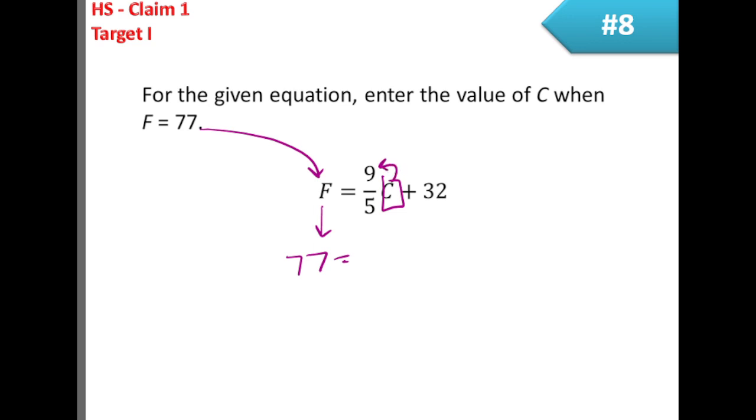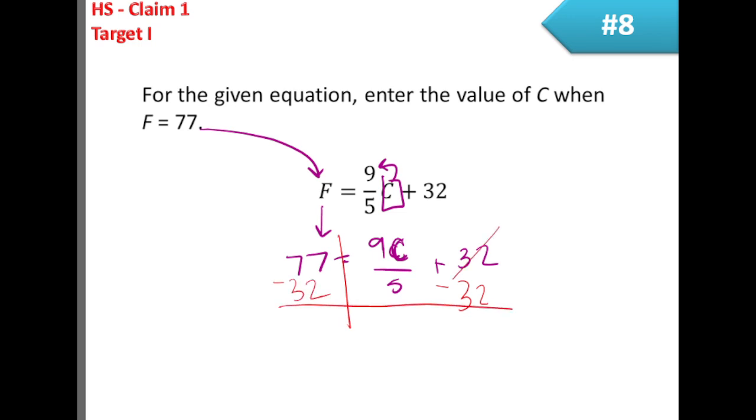C actually belongs to 9. So we have 9c over 5 plus 32. And please don't multiply just yet. You have to subtract first. Always get rid of the ones with addition and subtraction. -32, -32.